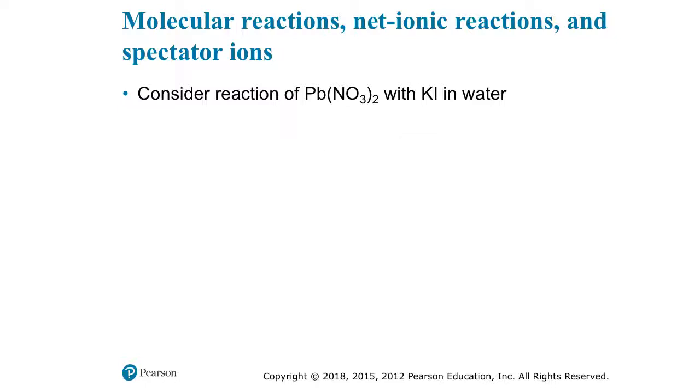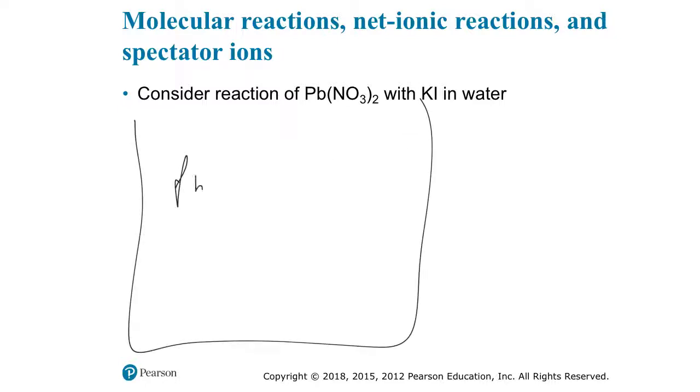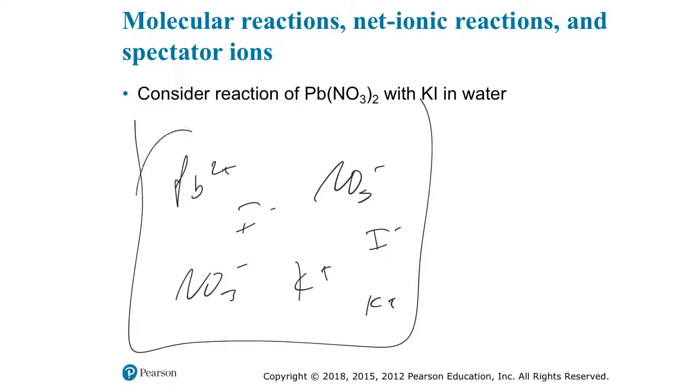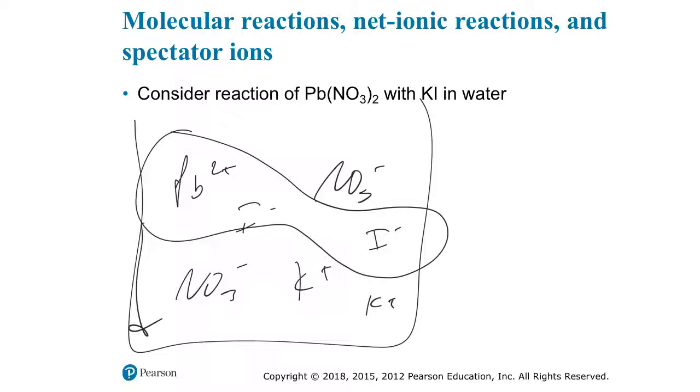Let's use this slide to picture the reaction this way. So you have your lead ions, your nitrate ions in solution, you have your K+ ions, I− ions, and in some ratio here, we're going to form our PbI2, and then KNO3 remains in the solution. So we precipitate our PbI2 and keep our KNO3 in solution.